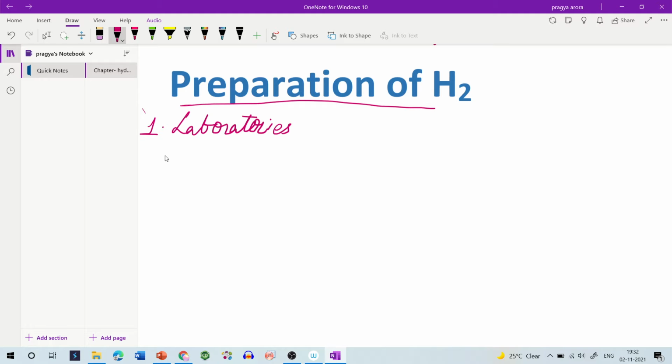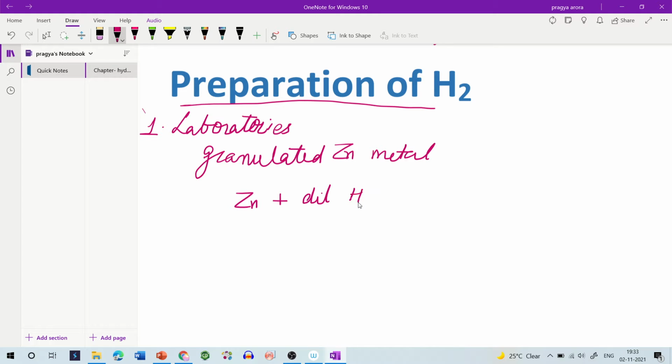So in laboratories, hydrogen is prepared by using granulated zinc metal, where zinc is taken in the presence of dilute HCl.